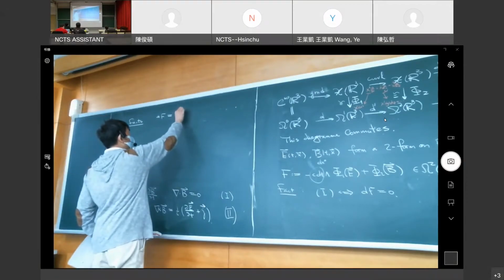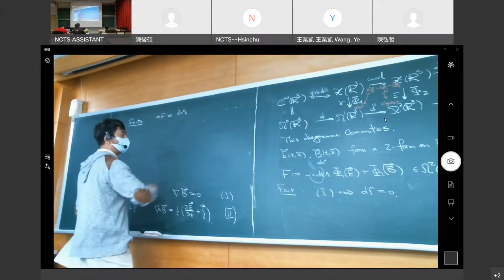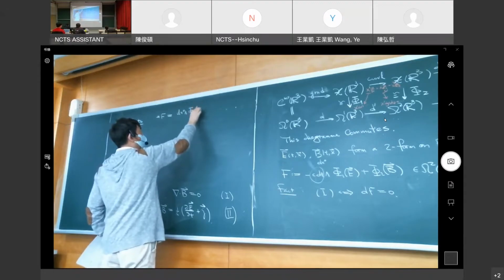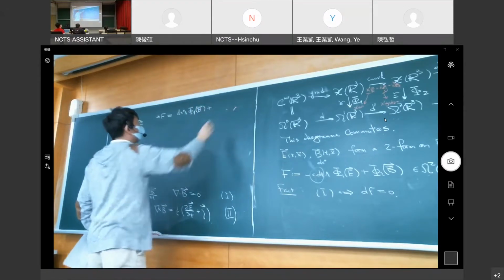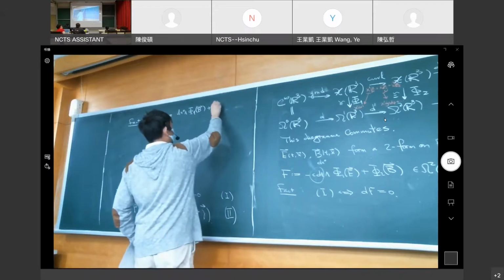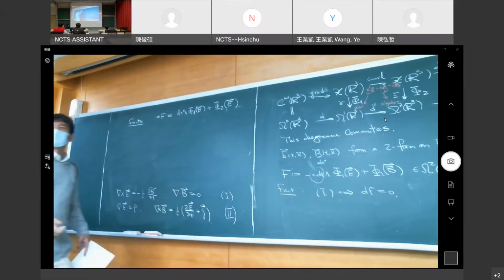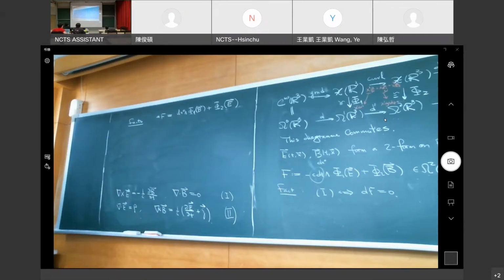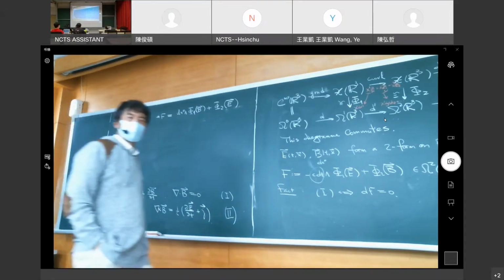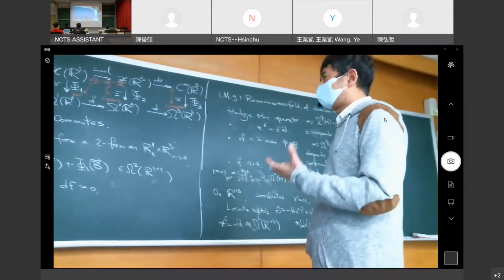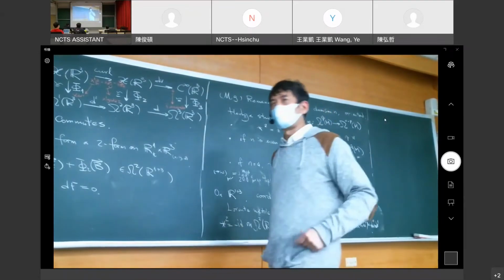So this is dx0 with the plus sign wedge phi1 of B, and then we also have a plus sign phi2 of E. This is a simple calculation on differential forms, but it is completely wonderful because the Hodge star exchanges the electric and magnetic fields.